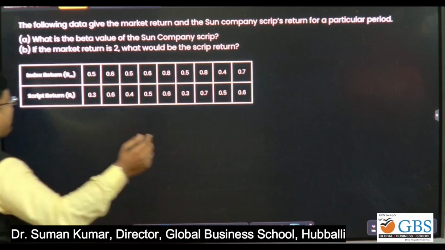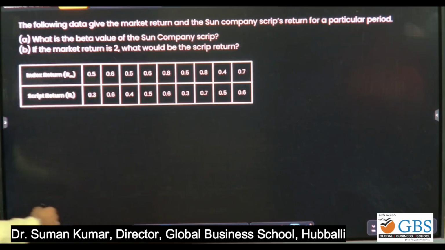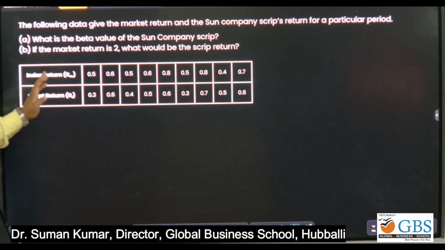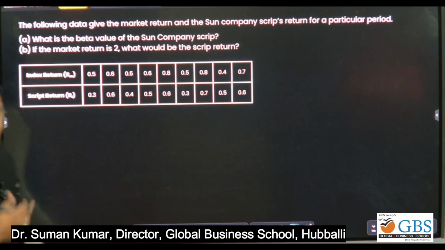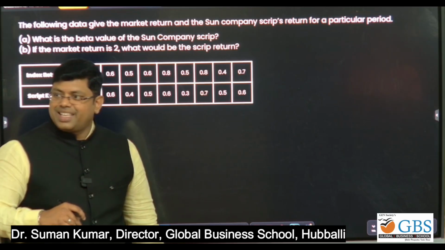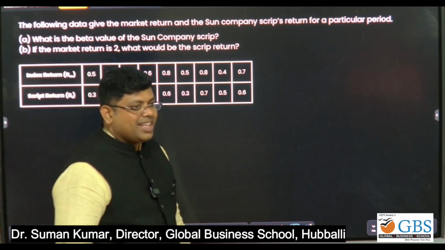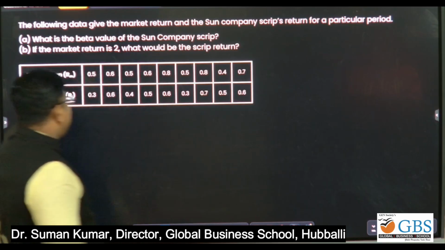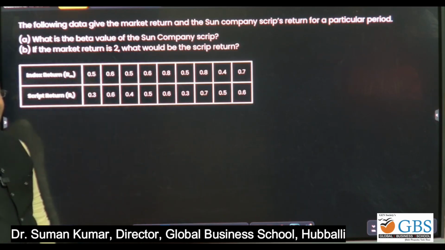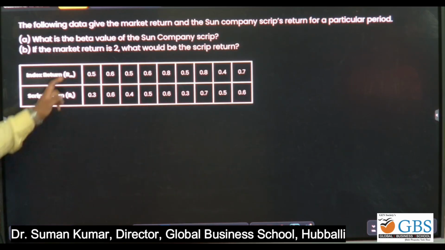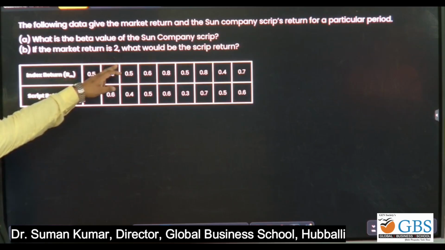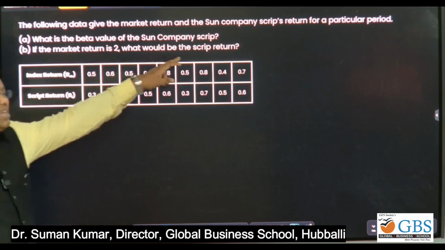So can you please tell me how to solve? Which columns do we need to make? Now the question is, do we take Rm as y or x? Rm is x. If the market return is 2, what would be the script return?